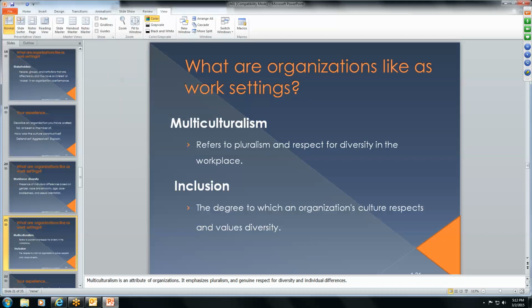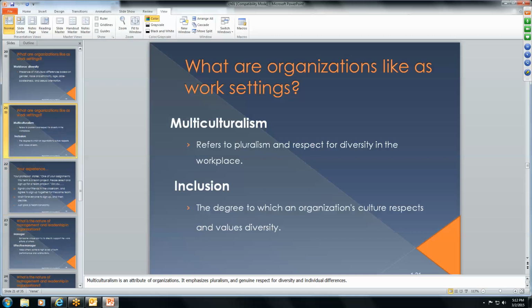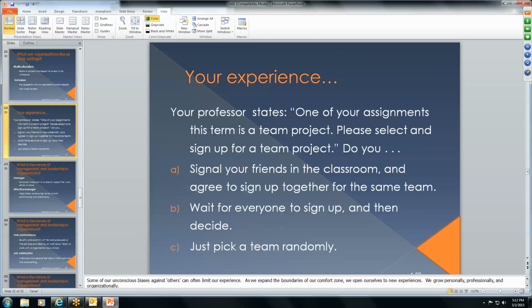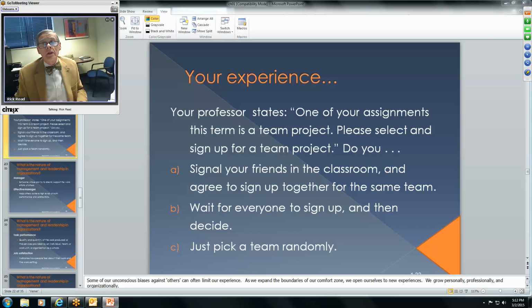Now, this again is just one of these questions that you can see posed to you. The instructor says to you, one of your assignments is a team project. Please select and sign up for a team. So you work with your friends, you wait for everybody else to sign up and to decide what to do, or you just pick a team randomly. What we tend to do is gravitate to our friends.